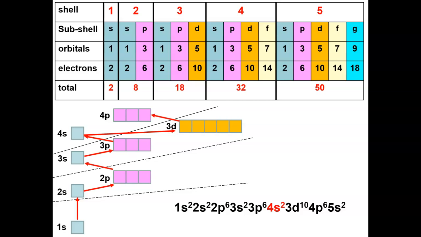In terms of electrons, you can again follow the patterns. 2 in shell 1, 2 and 6 makes 8 in shell 2, 2, 6 and 10, 18 in shell 3, and 2, 6, 10, 14, 32 in shell 4.